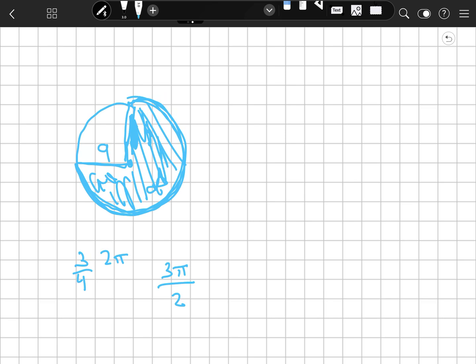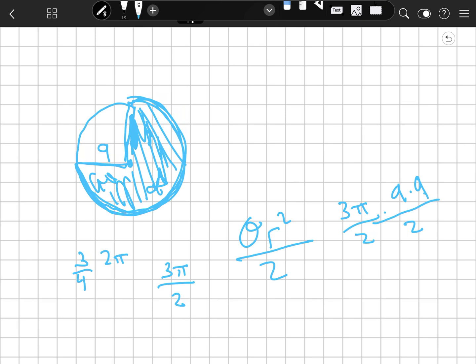So all we have to do is, hopefully remembering from the last slide, r squared times theta divided by 2. Theta is 3 pi over 2. R squared, we're going to go 9 times 9. And then we have to divide this all by 2. You can just put 2 in the denominator there.